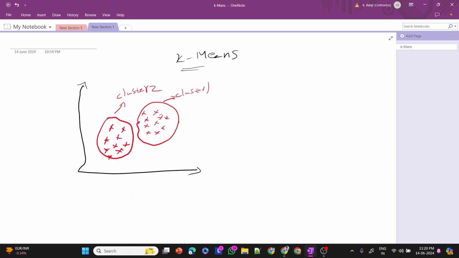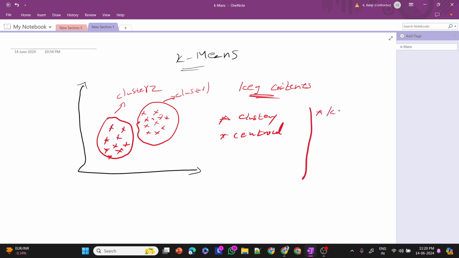We already talked about the cluster, and there is another key concept in K-means: the centroid. There are some steps whenever we handle K-means clustering.